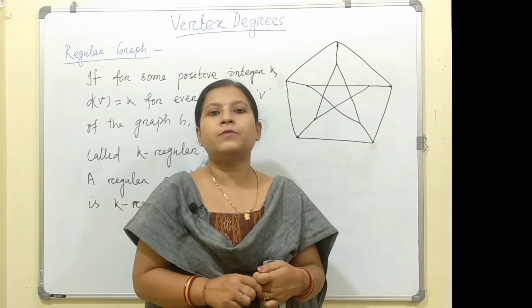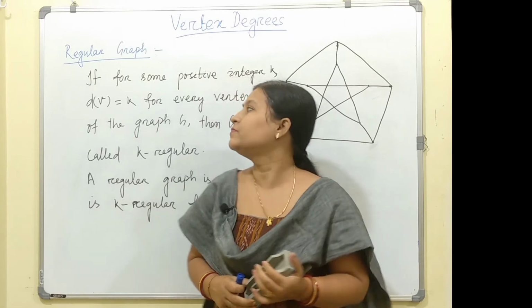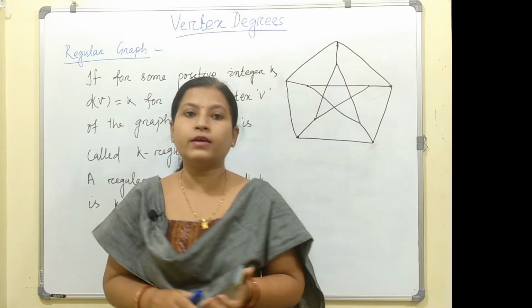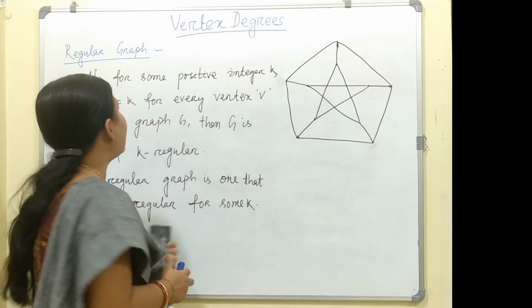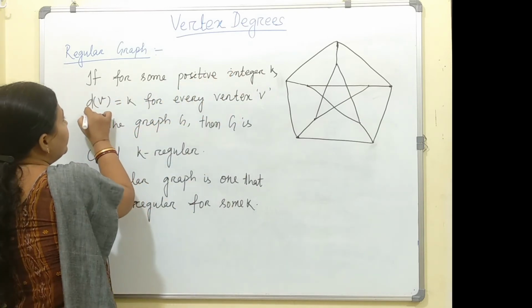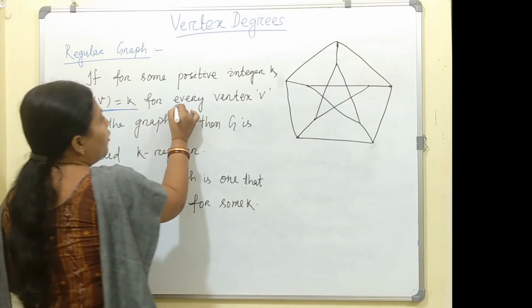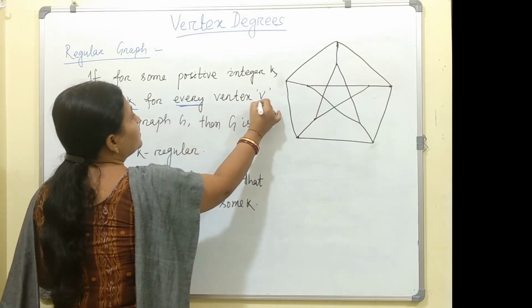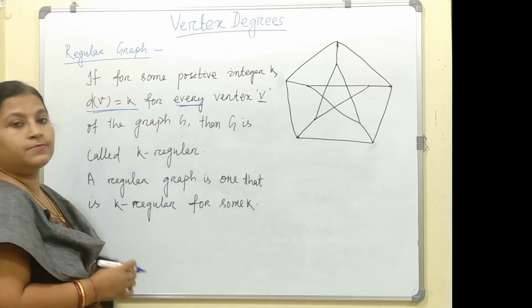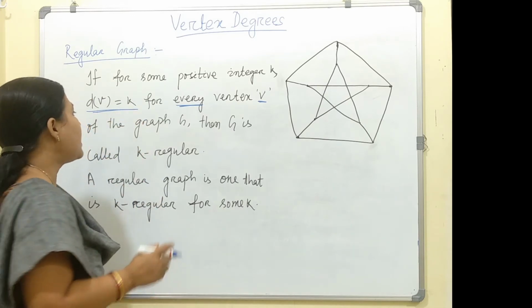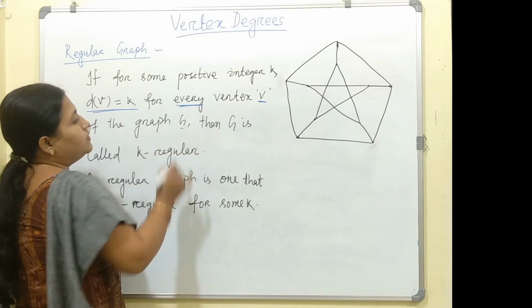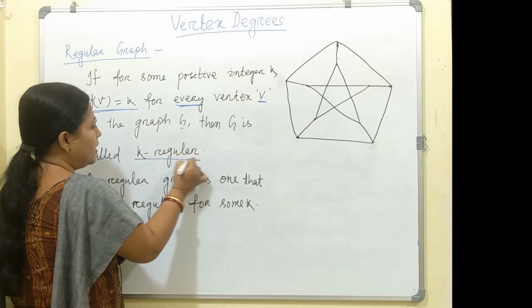Let us discuss regular graphs. So what is a regular graph? If for some positive integer k, degree of v is equal to k for every vertex v of the graph G, that is, the degrees of all vertices are equal to k, then G is called k regular.